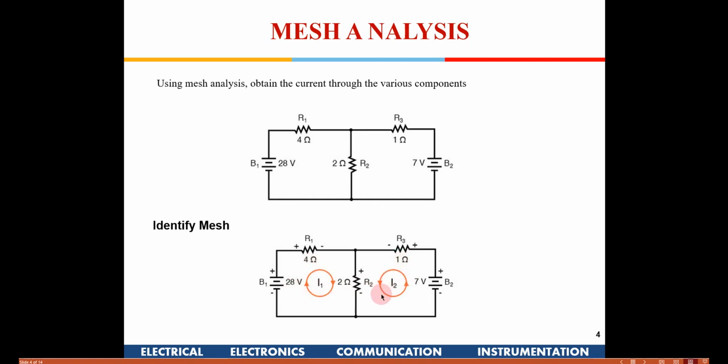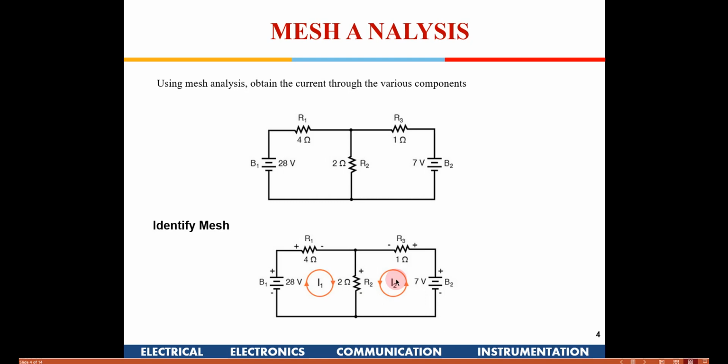Not necessarily, you can take both the currents to be clockwise also, it's up to you. Just that the equations will be framed based on the direction you have assigned, and you have to be careful with the polarity. In this particular case, I have taken this one as clockwise, and here I have taken it anti-clockwise.